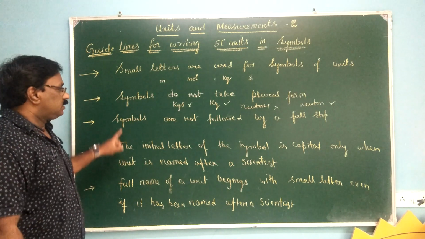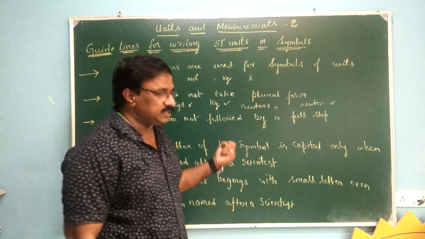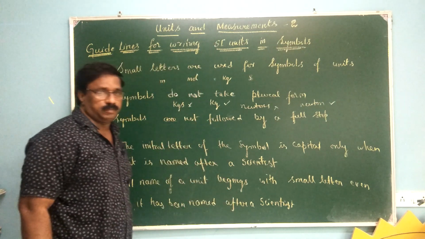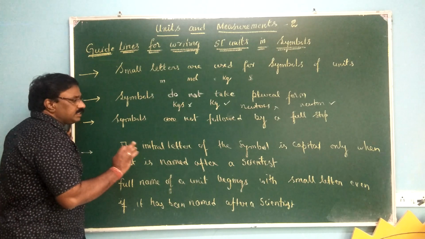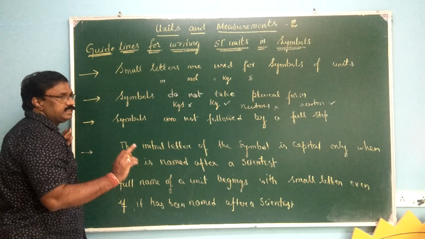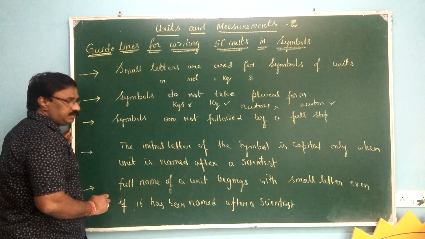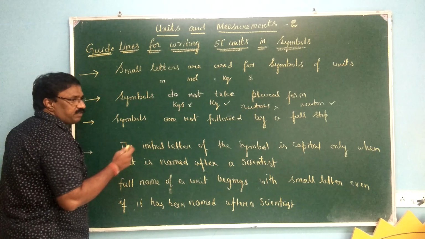Understood? Symbols are not followed by a full stop. Generally we won't keep any full stop after the symbol we write. Remember this. The initial letter of the symbol is capital only when it is named after a scientist. Important, this one. For example, Newton. Newton is the name of a scientist, a very famous scientist.